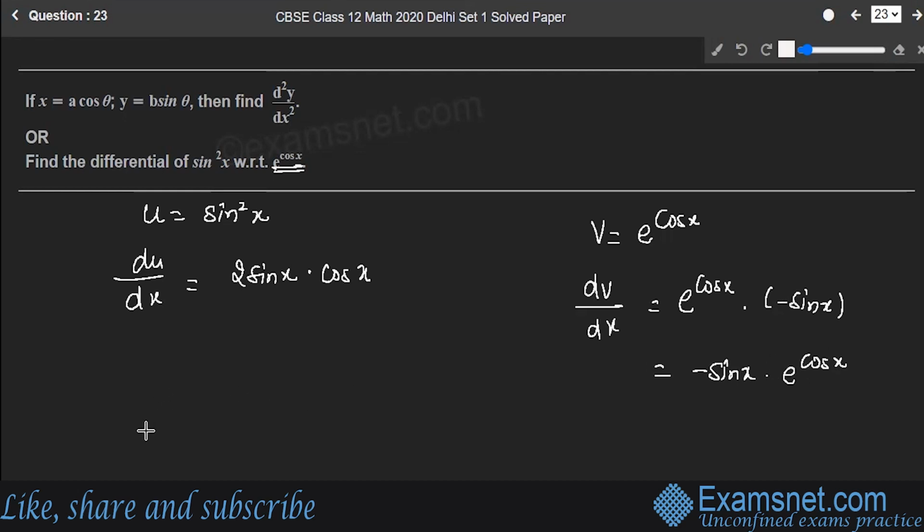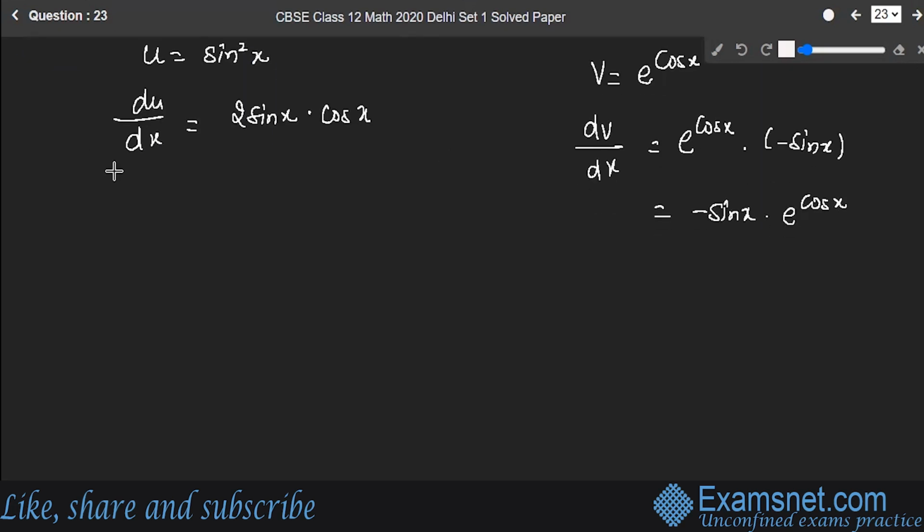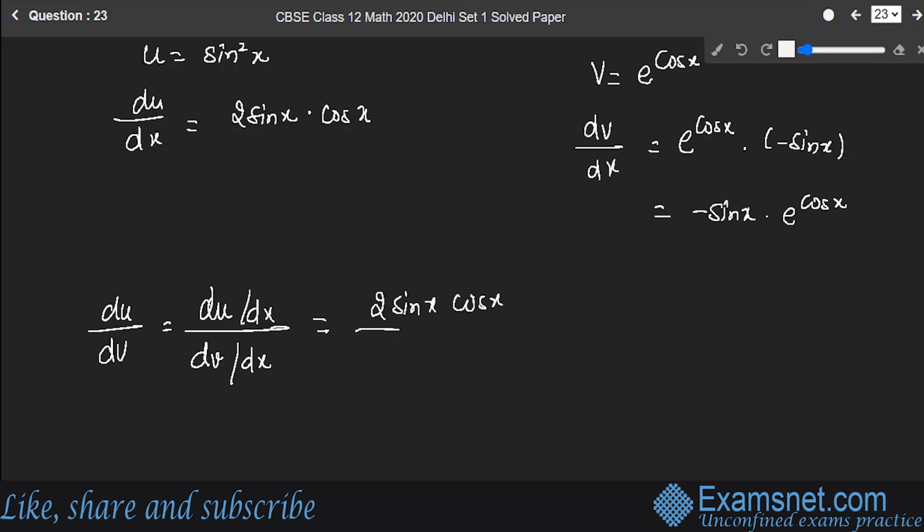Now you have to find out du by dv. This is equal to du upon dx divided by dv upon dx. So this is 2 sine x cos x divided by minus sine x into e raised to power cos x.